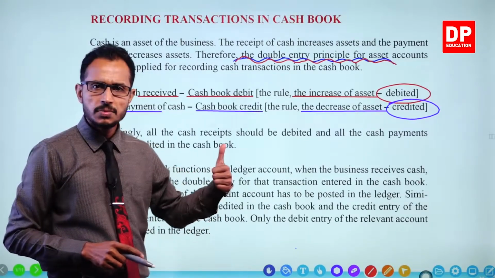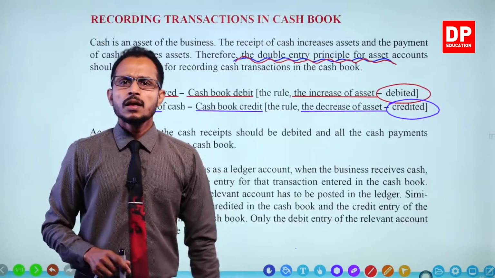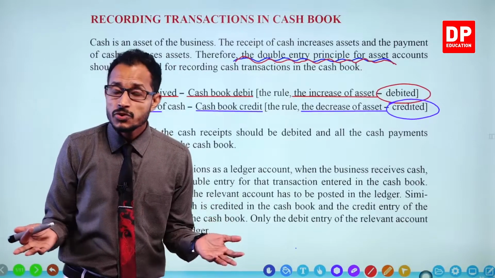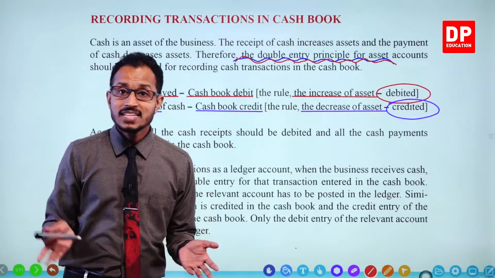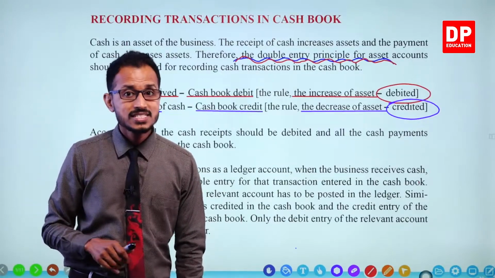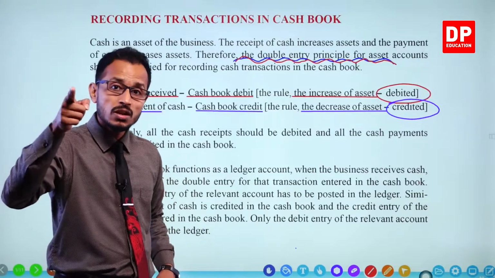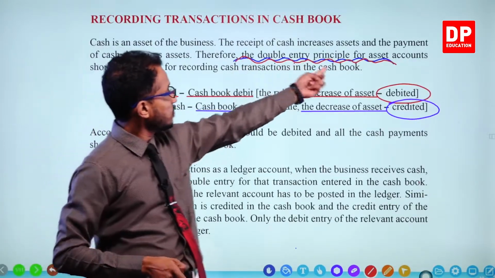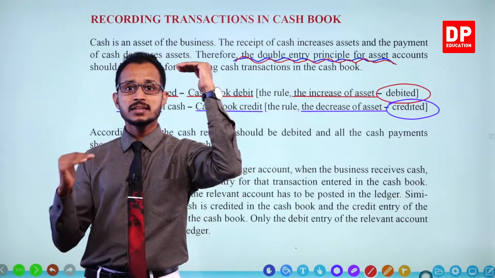Tell me whether you got this or not. There's nothing for you to understand. It's just a matter of memorizing. What is the double entry rule of assets? Increasing debit, decreasing credit.